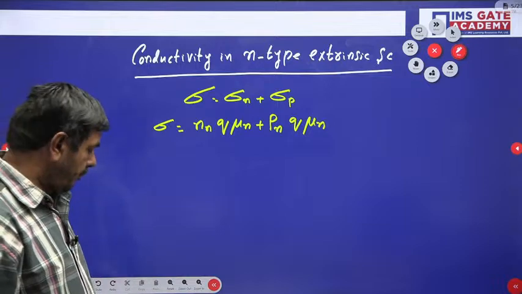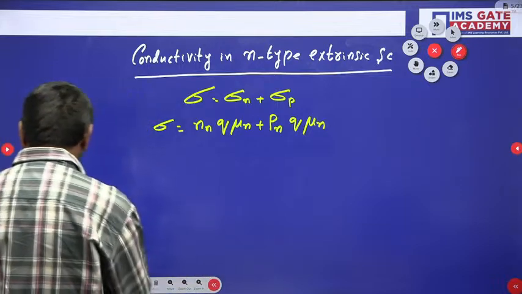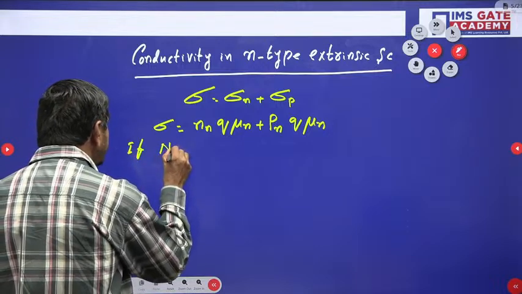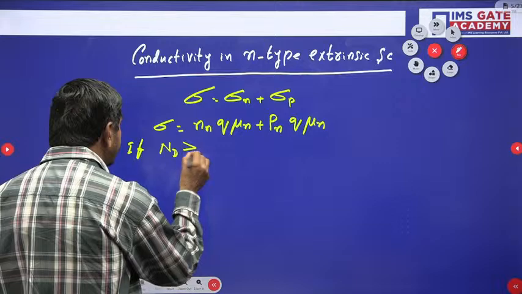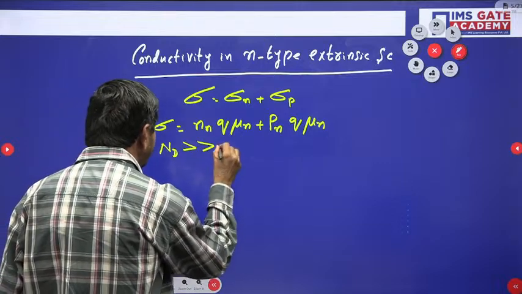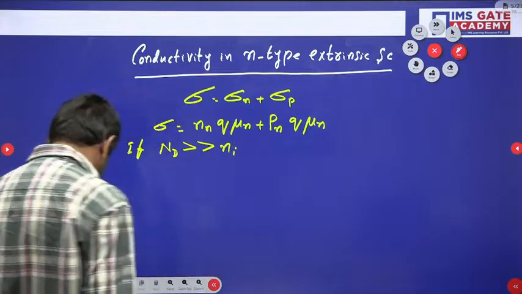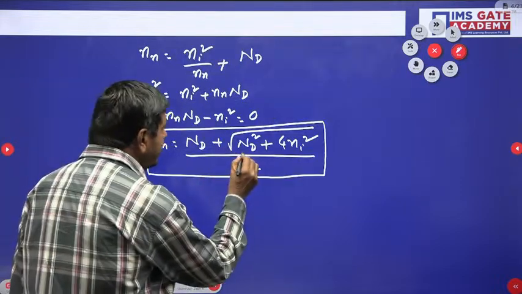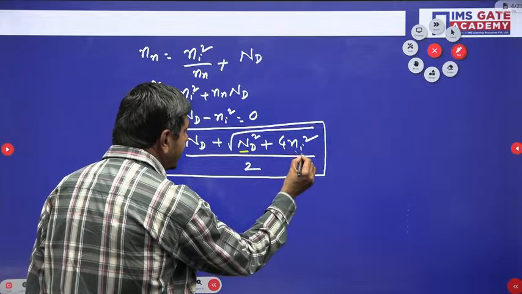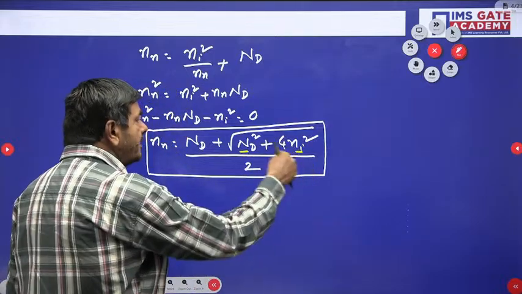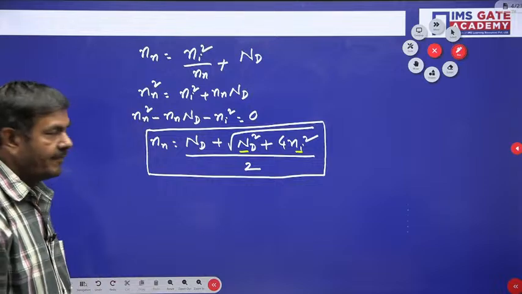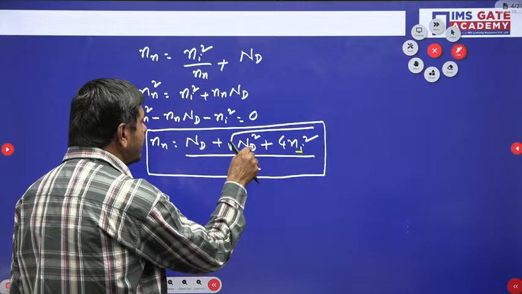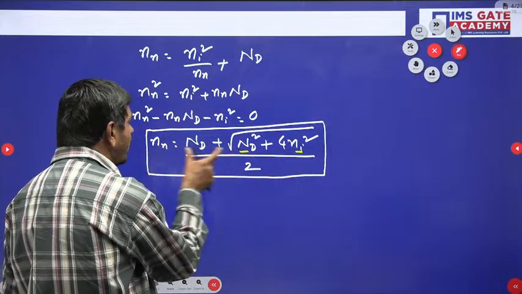But you can note one point here. If Nd is far more greater than the Ni value, this term will be negligible, 0 only. At that time, the root and square cancel, Nd plus Nd is 2Nd, the 2 cancels, and Nn is approximately equal to Nd.